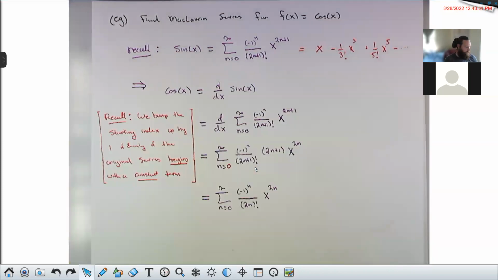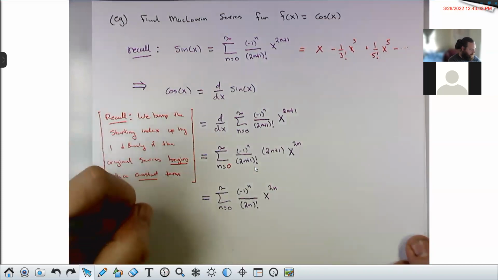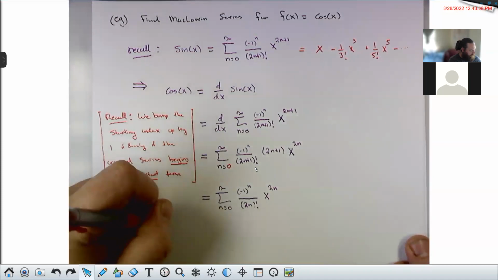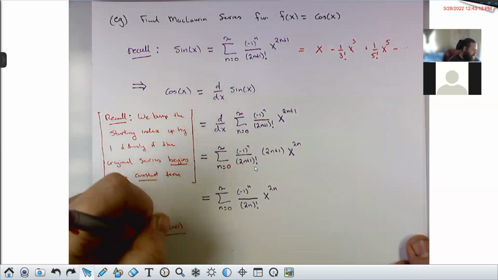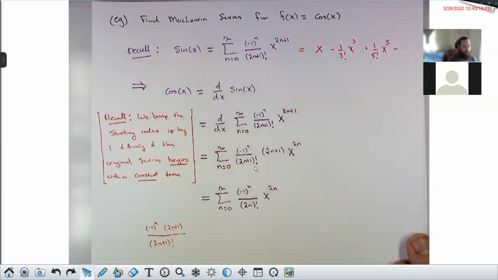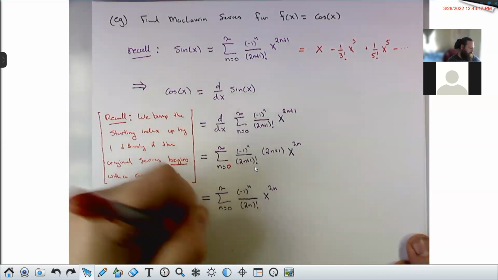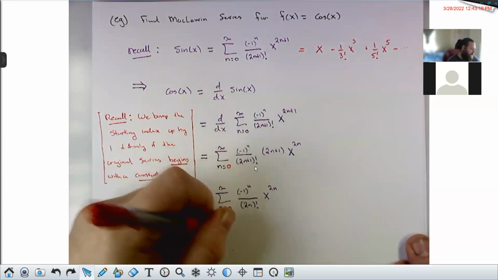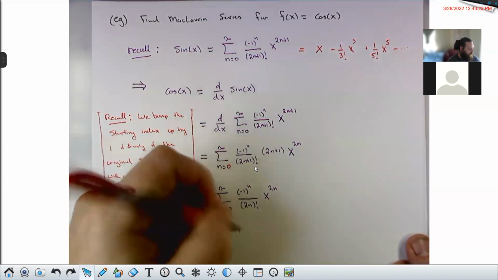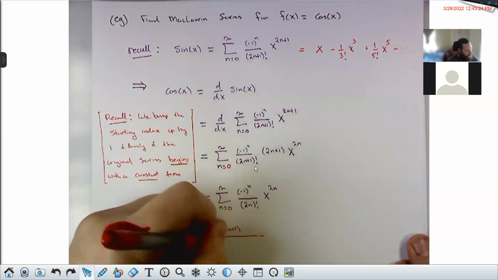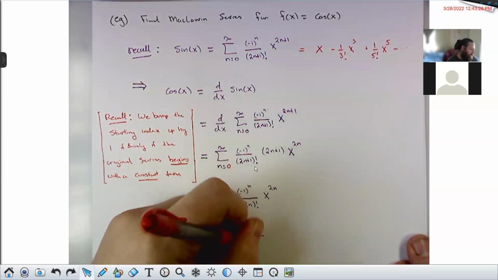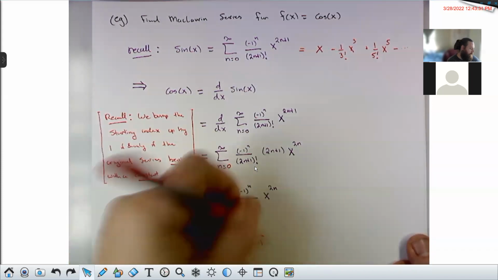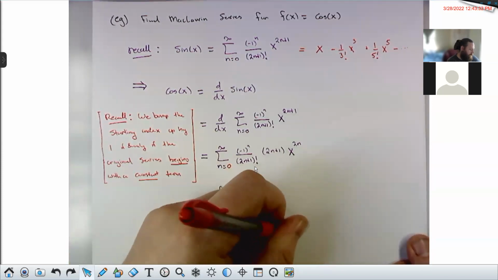I can show you the work briefly, I guess. So negative 1 to the n times 2n plus 1 over 2n plus 1 factorial. That's negative 1 to the n times 2n plus 1 divided by 2n plus 1 times 2n times 2n minus 1 all the way down to 3 times 2 times 1.